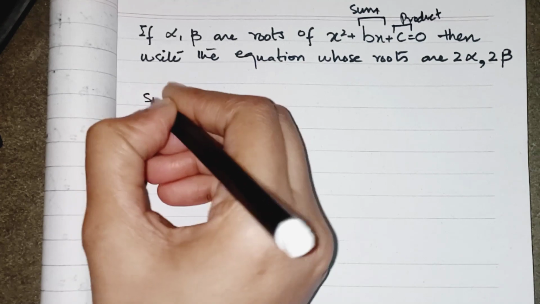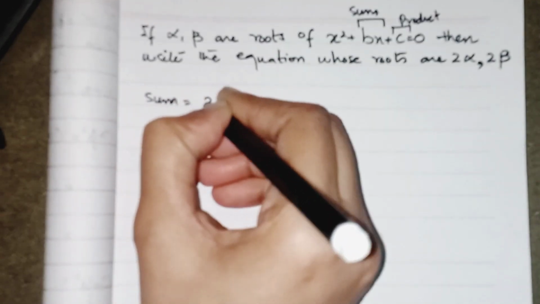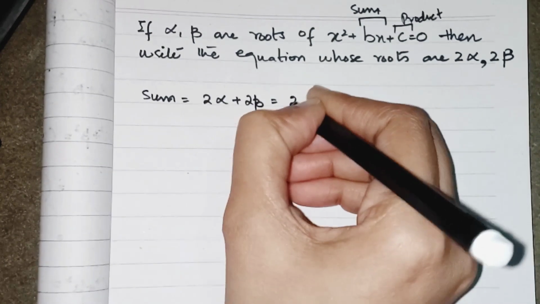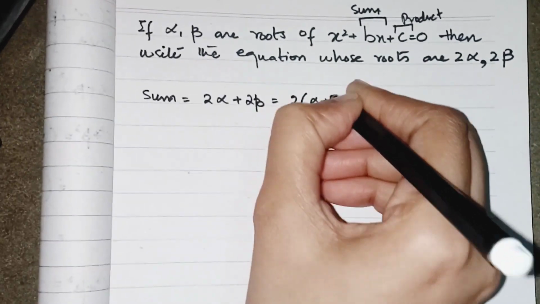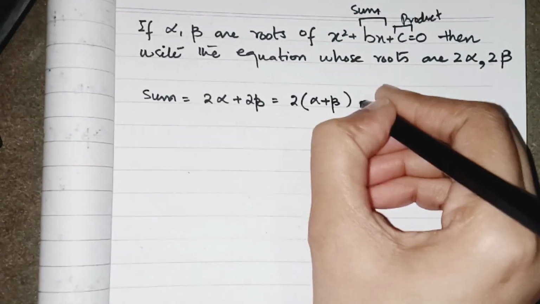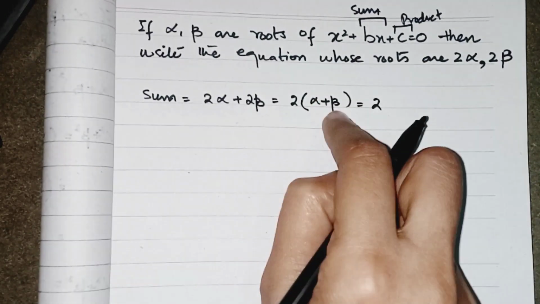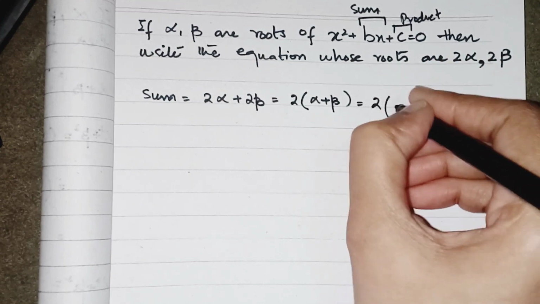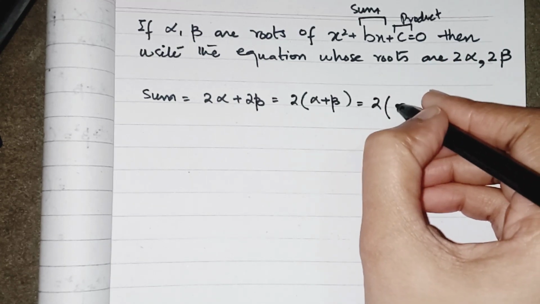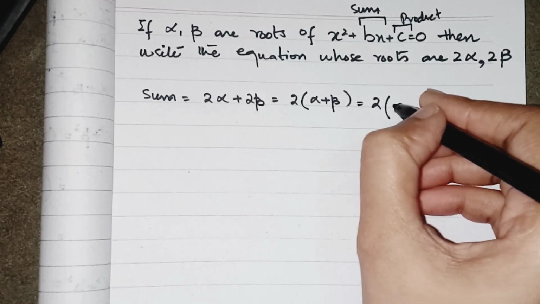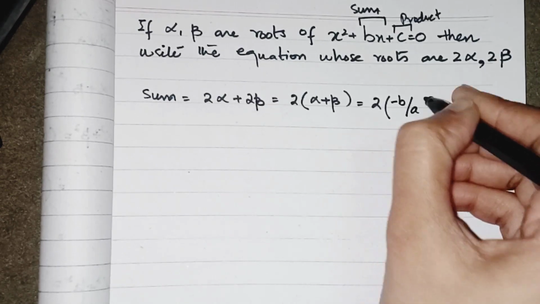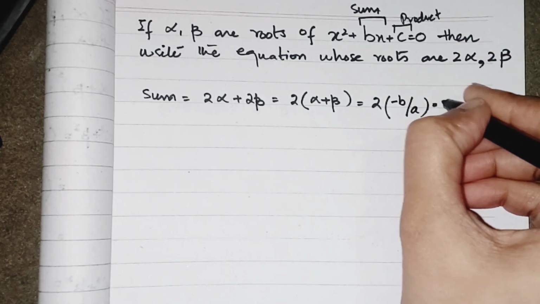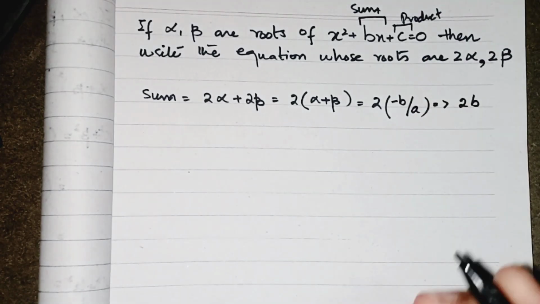So for the sum, we can say that 2 alpha plus 2 beta, taking 2 common, is 2 times alpha plus beta. The value of alpha plus beta should be minus b upon a, and in the equation we have b as b only, so we can say that it is minus 2b.